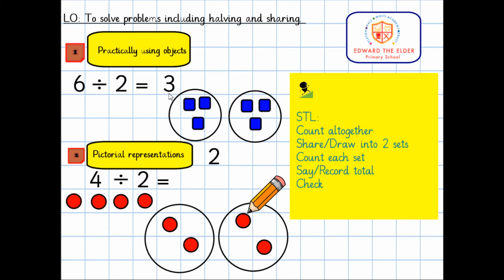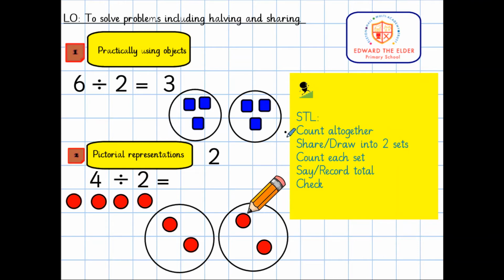Step 2 involves moving on to pictorial representations. It's important to note that at this point, introducing vocabulary for half or halving is important. For example, half each or half of 6 is 3. We will be following our steps to learning carefully.